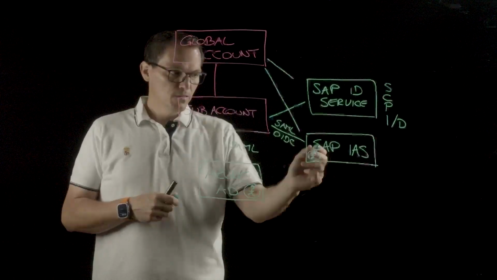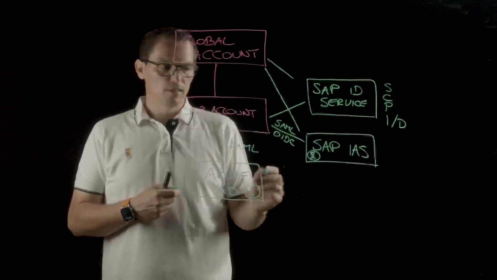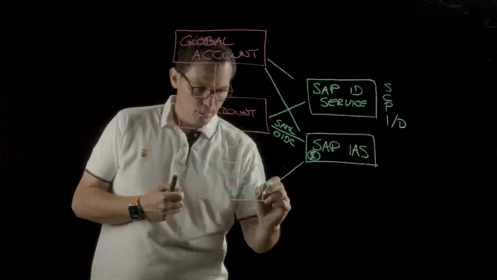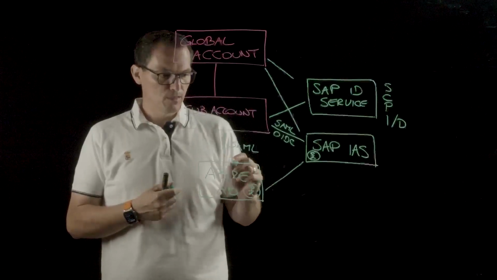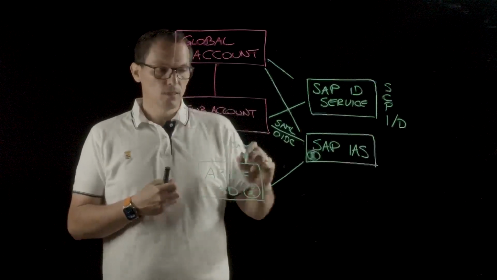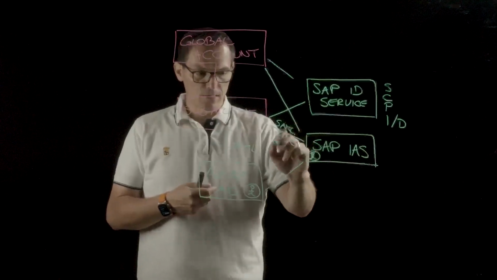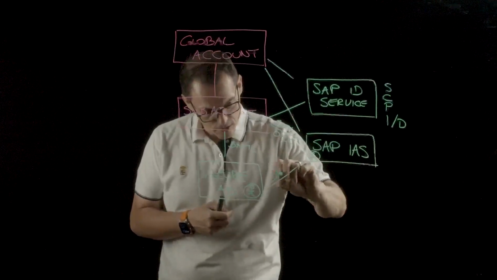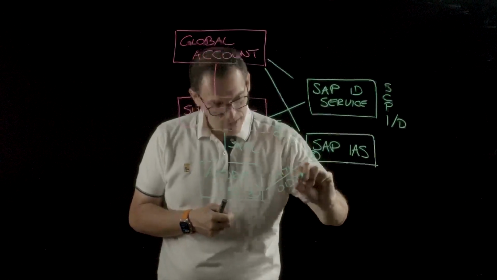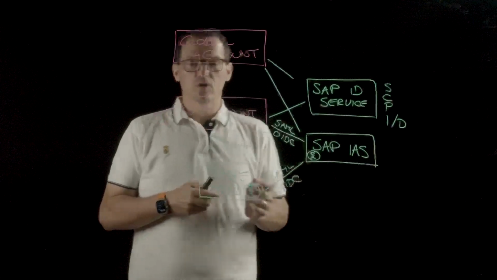But there is another option. You can use the IAS as a proxy to any third-party identity provider. The only prerequisite is that the identity provider that you would like to connect in proxy mode supports either the SAML or the OIDC protocol. So we can have either SAML or OpenID Connect and use this as a proxy.